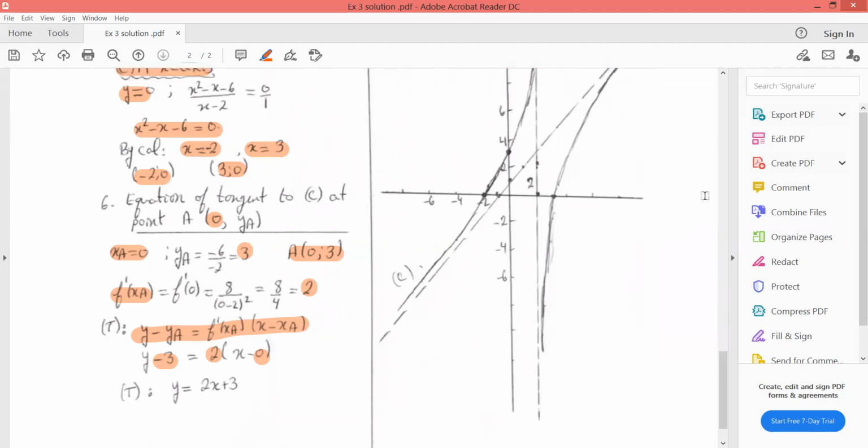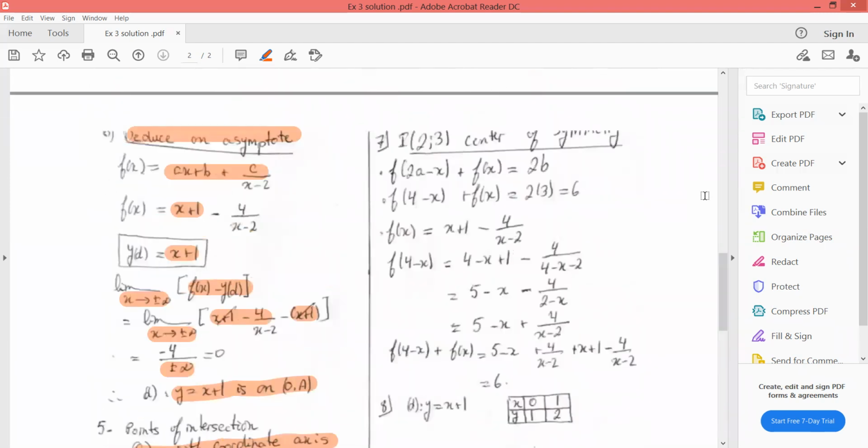Good? Yes. Good. We are going to verify that I(2, 3) is a center of symmetry. The tangent turned out y equals 2x plus 3. Okay. I(2, 3) is a center of symmetry.